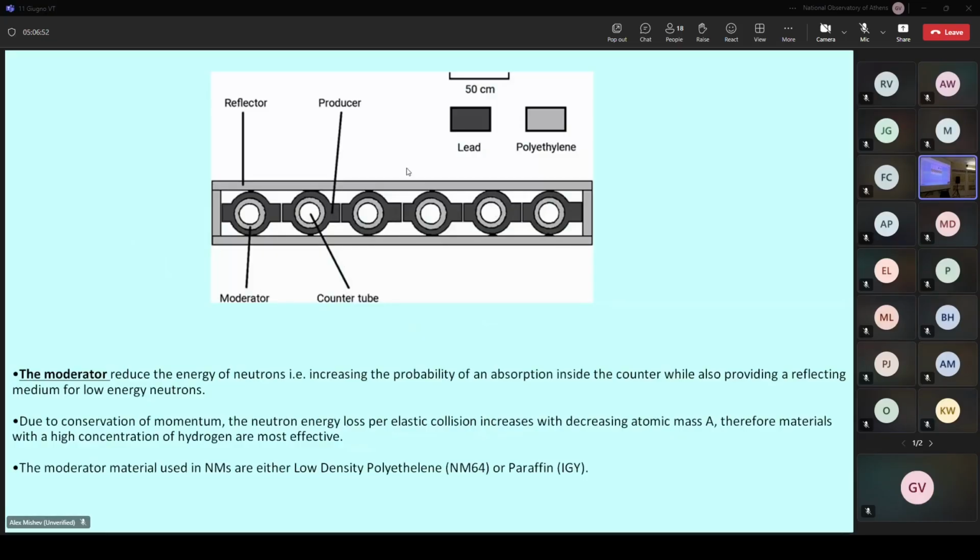Usually, we are using paraffin or nowadays polyethylene, because the energy loss per elastic collision increases with decreasing atomic mass, so we need materials with a high concentration of hydrogen.